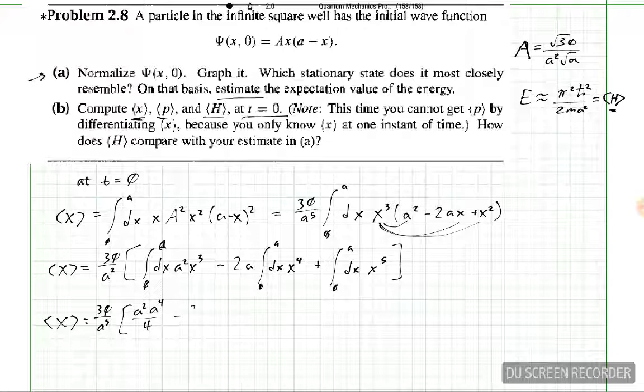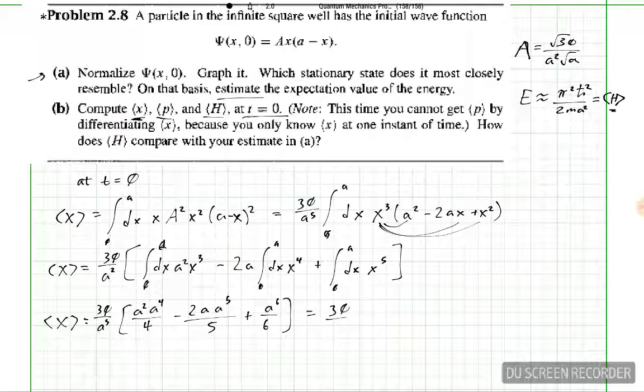And then minus 2 times a, that's going to be x to the fifth over 5. And then integral of x to the fifth is just x to the 6 over 6. And you see that they all have the same power, which is good.